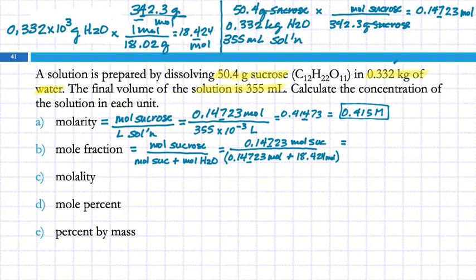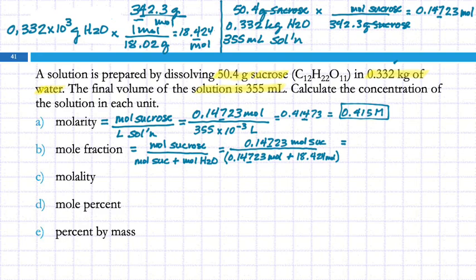So 0.14723 divided by the quantity 0.14723 plus 18.424. This is mixed division and adding. But most of the time, except for like on that worksheet 2 or something, if we just look at the number of sig figs that we started with, we're going to be good enough.